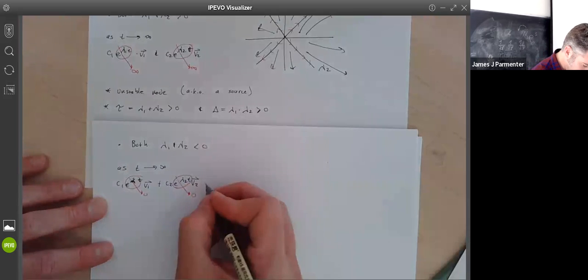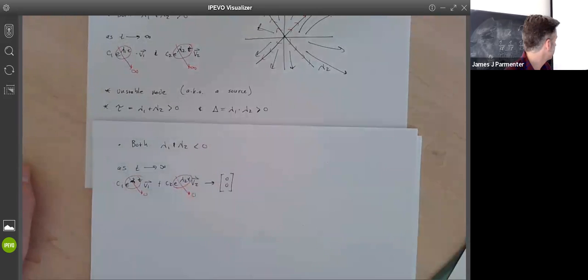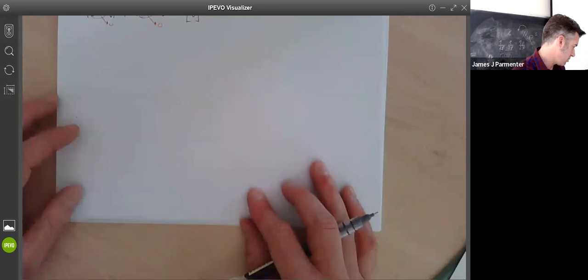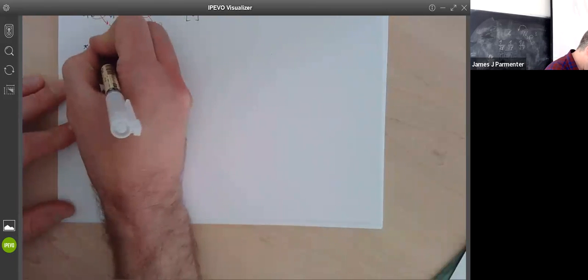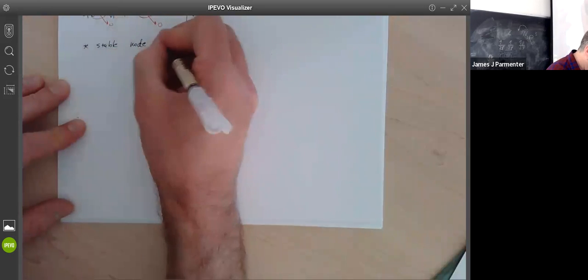So this is going to go to (0, 0), meaning we have stability. So we have a stable node, also called a sink.